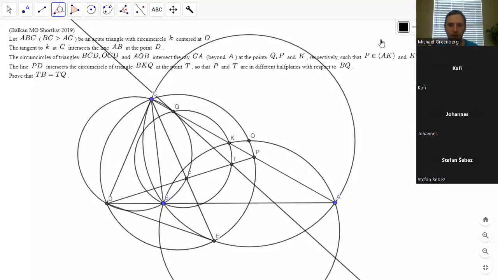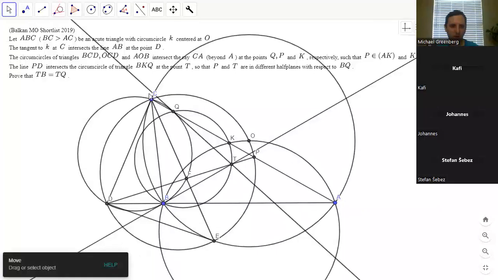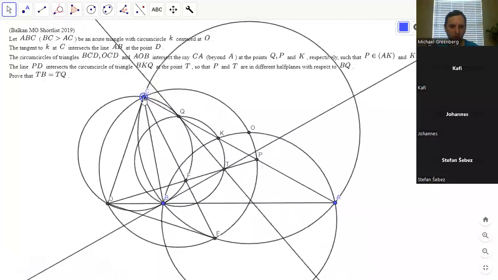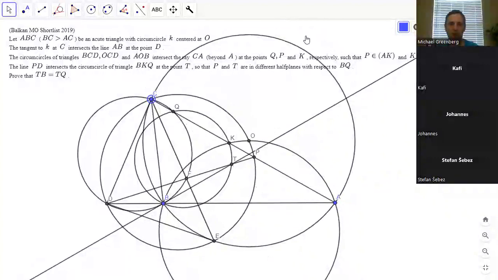Oh, is TQ tangent? That's what it looks like. Let me check if that's actually true. But yeah, it certainly looks true that these are both tangent. So maybe we could prove that.